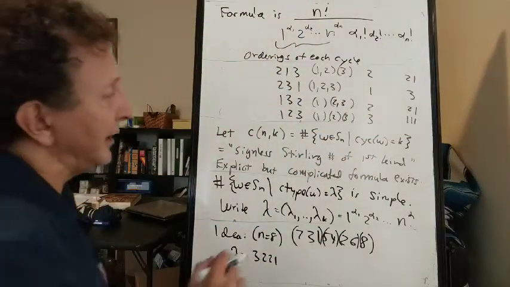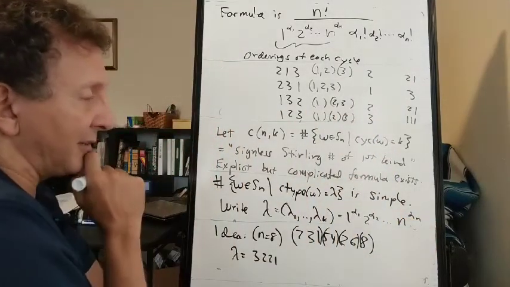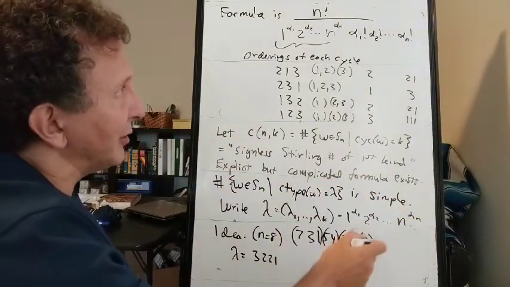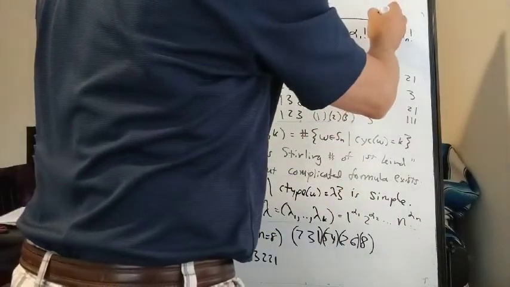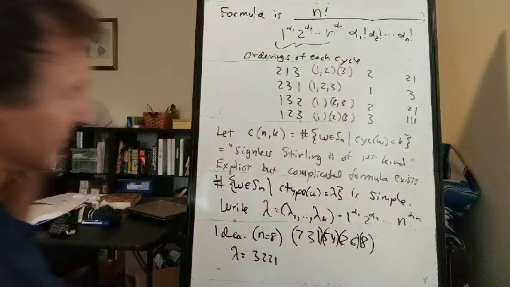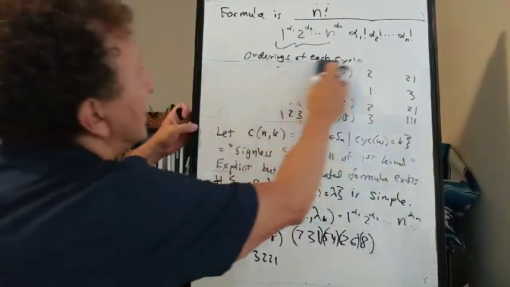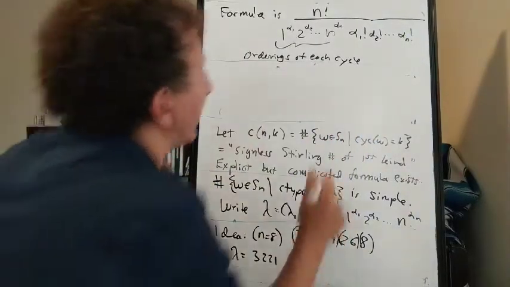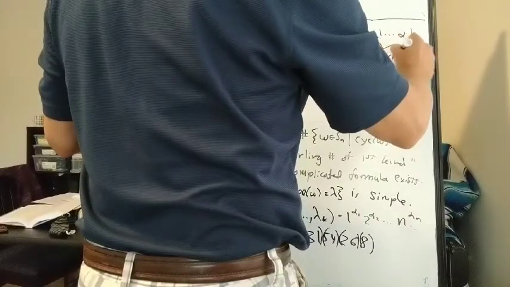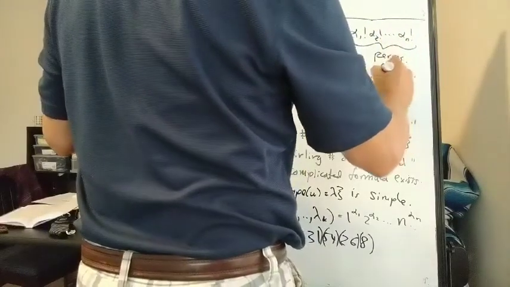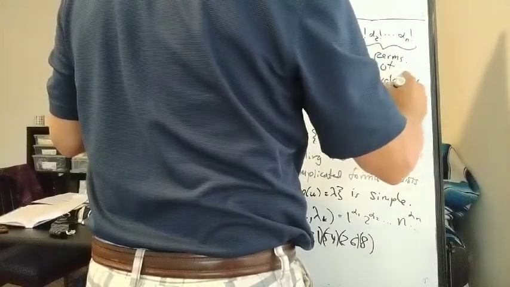And again, if any of these multiplicities is 0, say if n is not a cycle size, alpha n will be 0, and then alpha n factorial will be just 1. So this part is permutations of cycles of the same size.